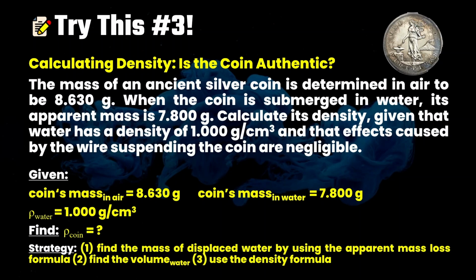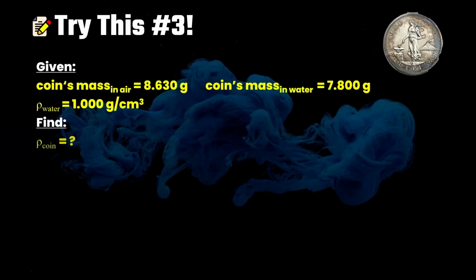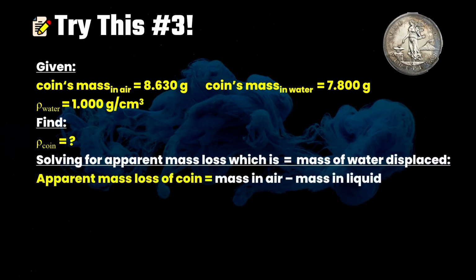First, we'll find the mass of displaced water by using the apparent mass loss formula. Next, we'll find the volume of water. And lastly, we'll use the density formula to calculate the density of that coin. So the formula to be used is the apparent mass loss of the coin.